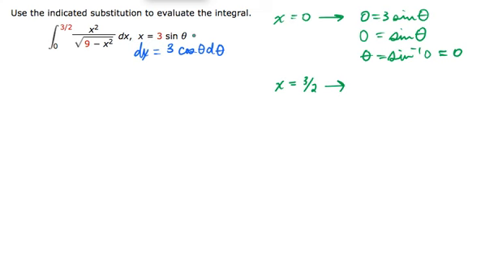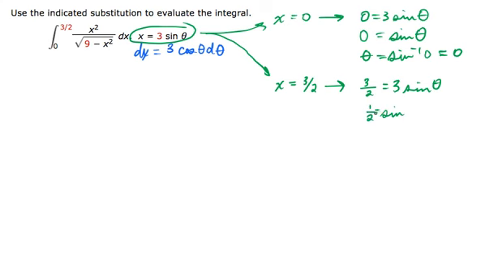Plugging that into this equation, we get 3/2 equals 3 sine theta. If we divide both sides by 3, where does sine of theta equal 1/2? Sine inverse of 1/2 would be pi over 6. So we're actually going to integrate from theta equals 0 to theta equals pi over 6.